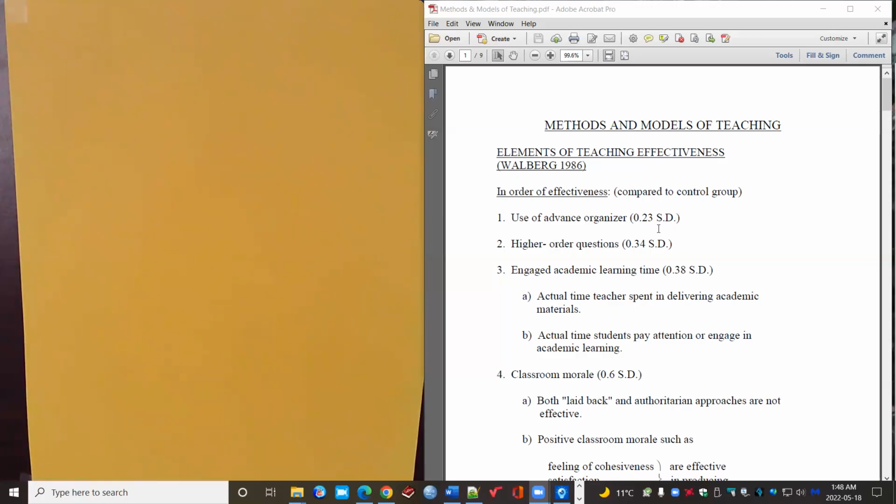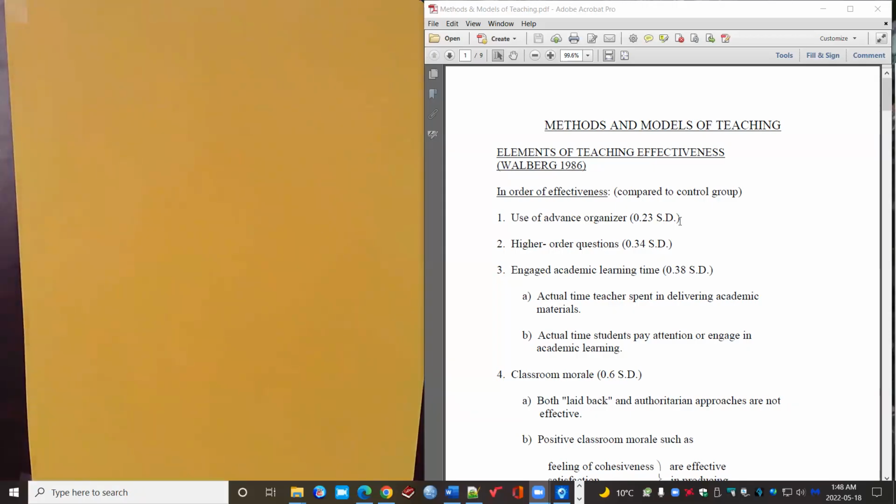All right, now let's take a look at here, SD, standard deviation, okay? Standard deviation, of course, here, the larger it is, the further apart the two groups are, okay? So the dependent variable in all these studies is achievement scores, test scores.